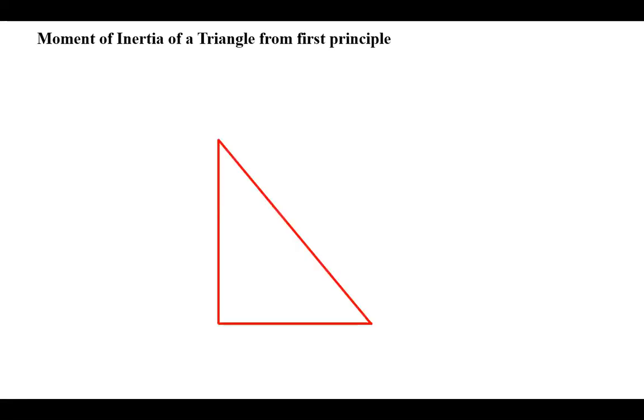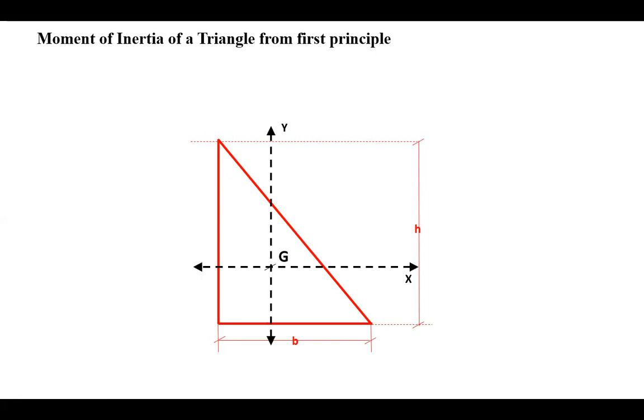Next, let us move on with moment of inertia of a triangle from first principle. So as usual, let's consider a right-angled triangle like this. Okay, and let the height be h, and the base width of the triangle be b. Okay, and let us consider this G as the centroid of the triangle, and we need to find out moment of inertia about x-axis and y-axis.